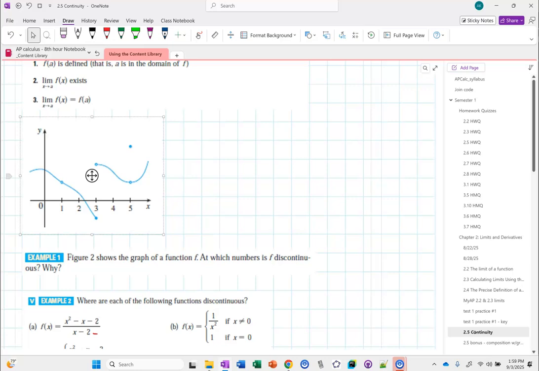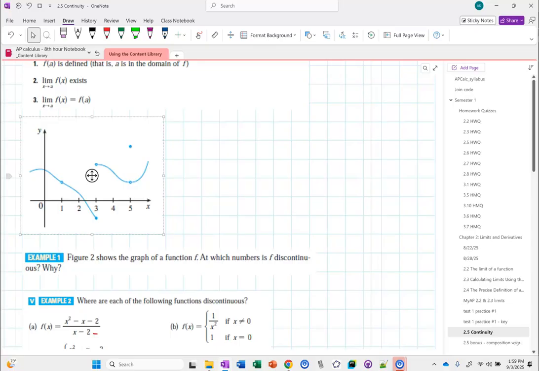Good? And then 5. What's the problem with 5? Not quite the same as 3. It's close. f of 5 exists. f of 5 is this value. The problem is that it's not equal to the limit.